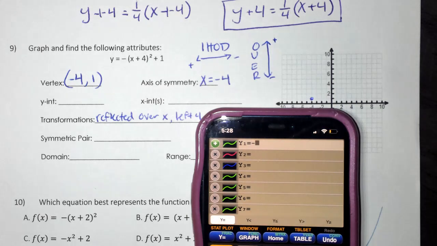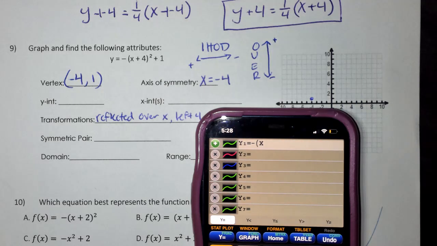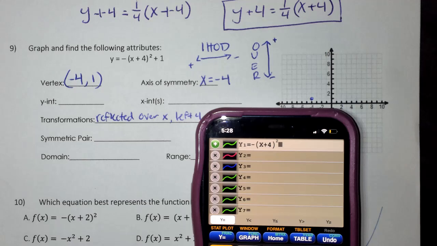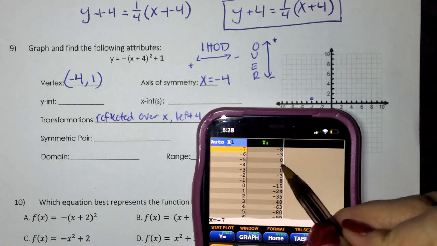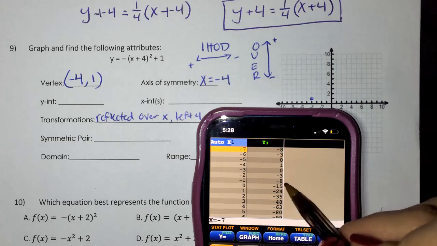So I have -(x plus 4) squared plus 1. And I'm going to go to my table. And I'm looking for my rainbow. And there's my rainbow. So 0, 0, -3, -3, -8, -8.